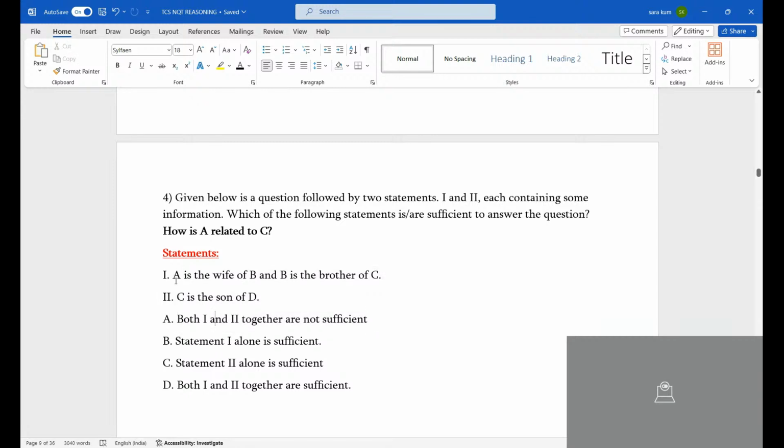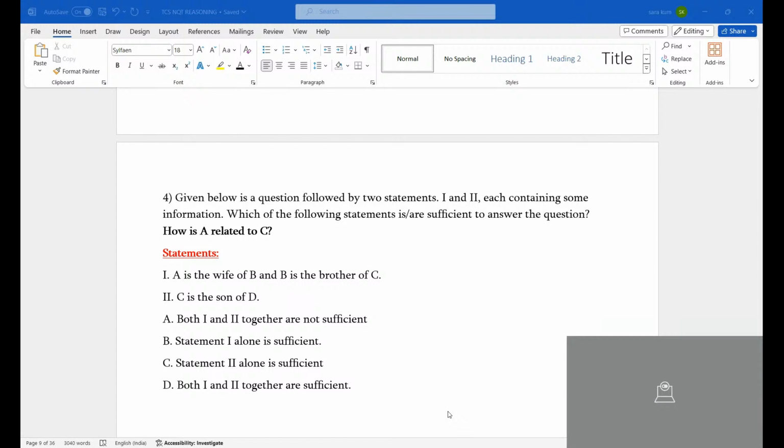Sometimes just one alone will be sufficient for you to answer this question. In that situation, use this option. Sometimes just two alone, standalone, will be sufficient for you to answer this question. In that situation, use this option.